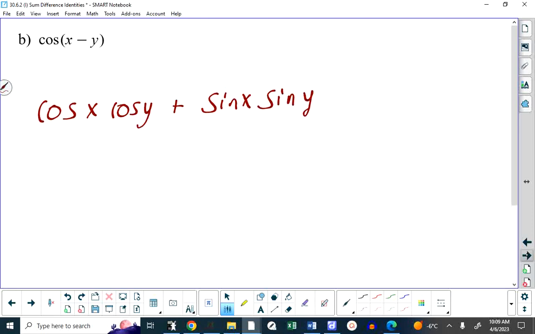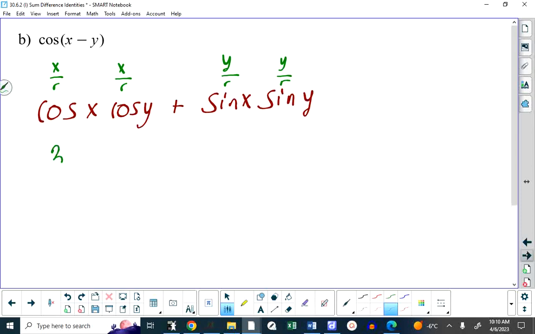So cosine of angle x, I just want to put here that this is an x over an r, this is an x over an r, this is a y over r, this is a y over r. Because the first two pieces are cosines, they're both x over r. The second two pieces are sines, they're y over r's.